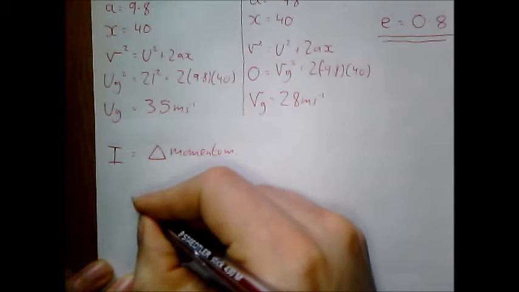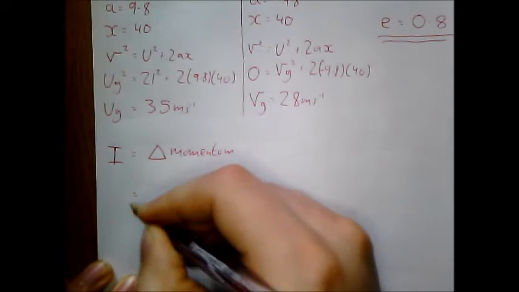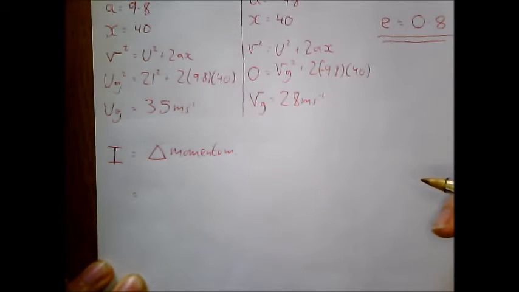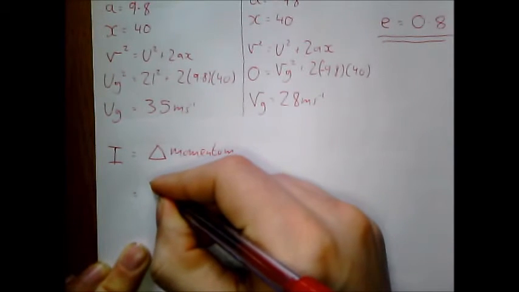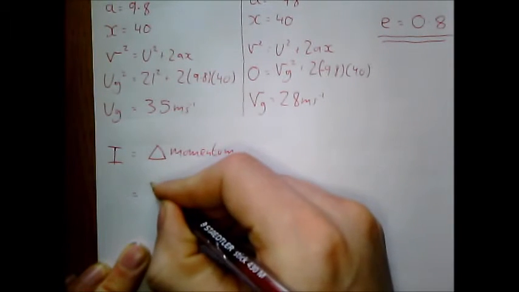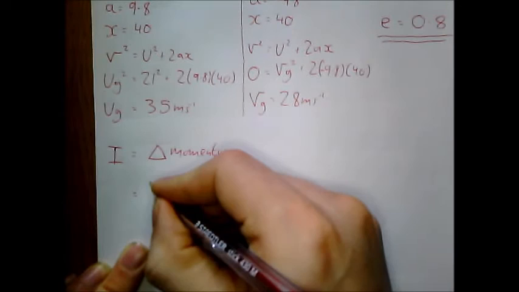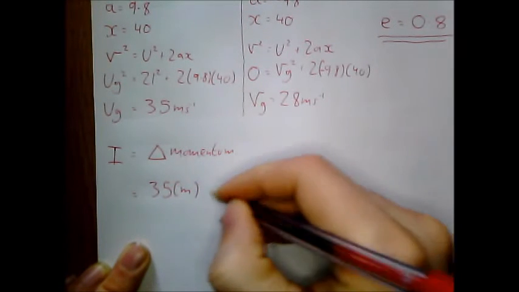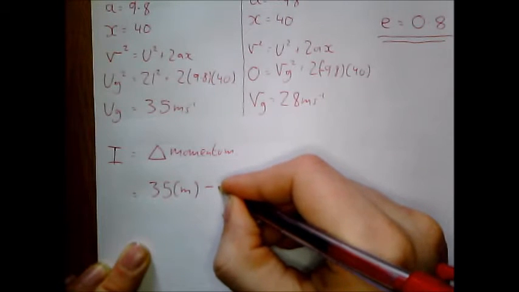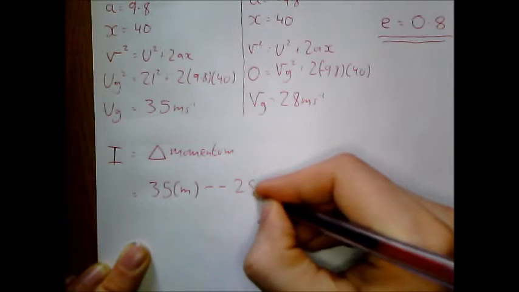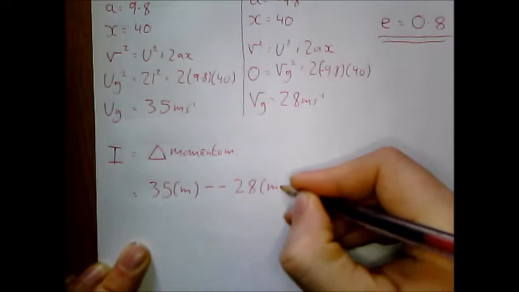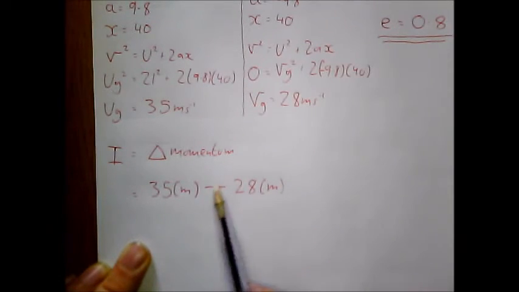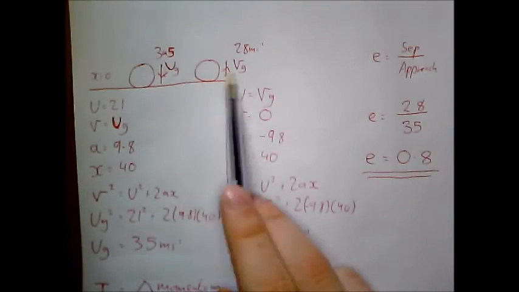And it's gone from 35m minus negative 28m, because they're in different directions.